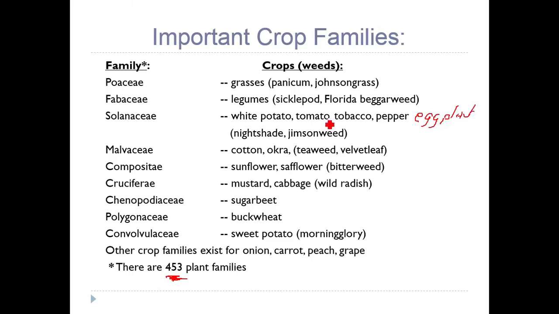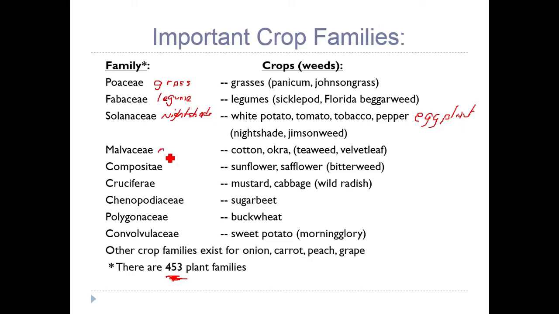This is also referred to as the nightshade family. These all have common names. This is often referred to as the grass family. This is often referred to as the legume family. This is often referred to as the nightshade family because of the weed species, nightshades, that are in it.